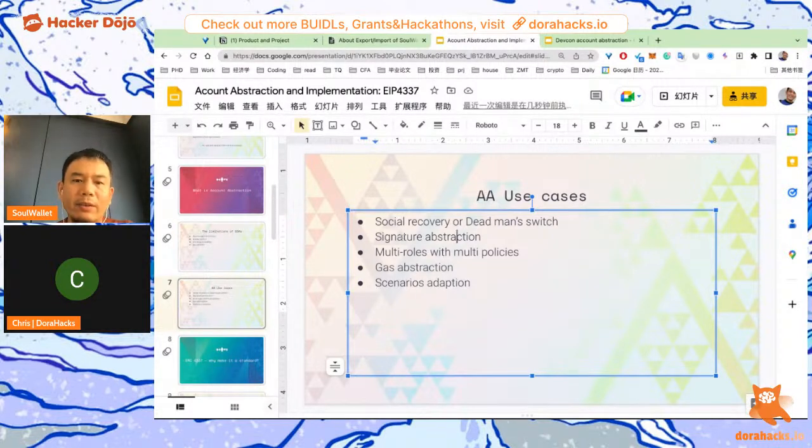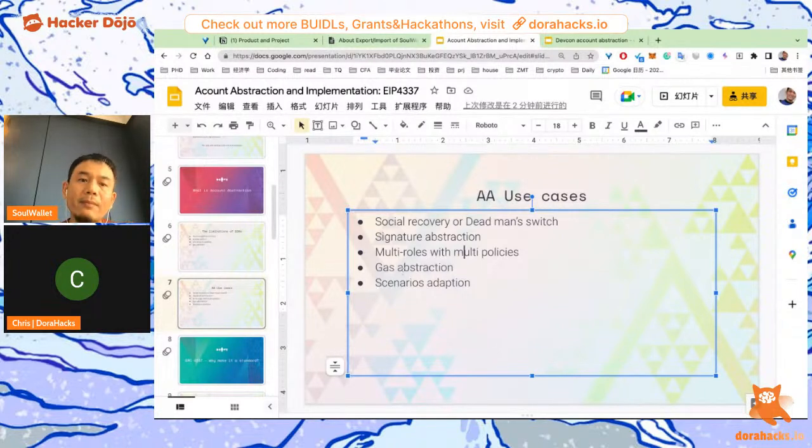That's signature abstraction. And you can also set multiple roles, like your son, your parent, your brother, with different control levels. For example, your son can spend no more than 1,000 US dollars.